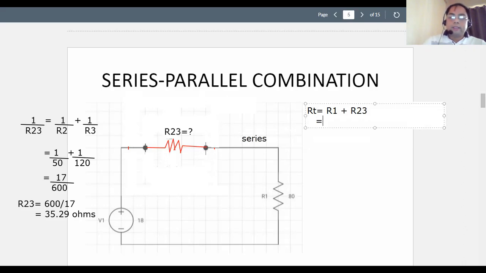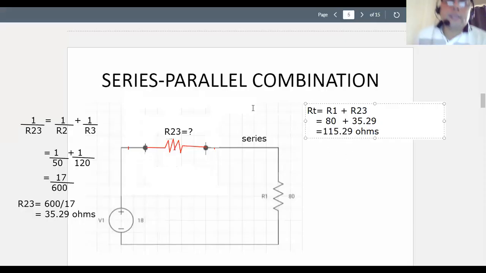R1 is 80 ohms, whereas your R23 is 35.29. And we will have a total value of 115.29 ohms. So that's now our value for our total resistance.